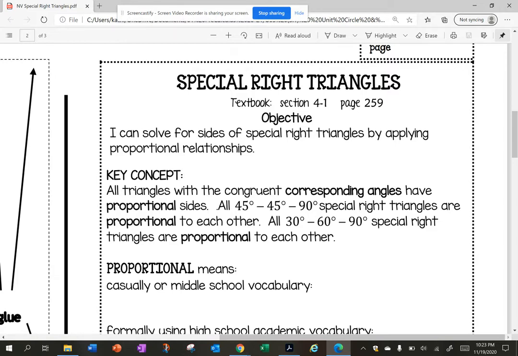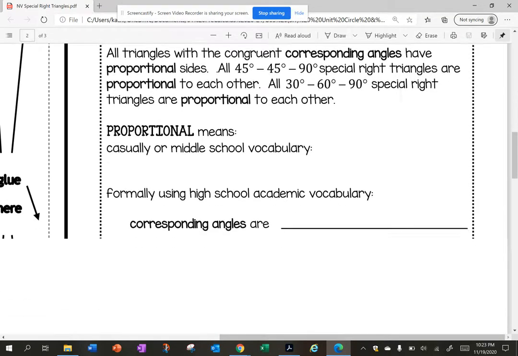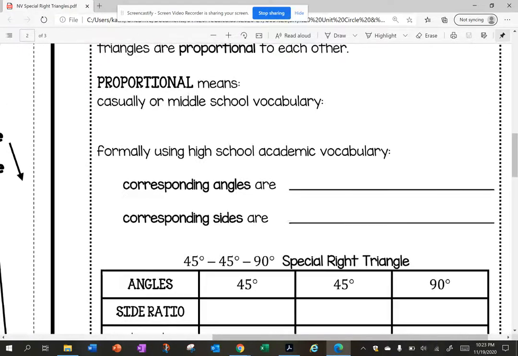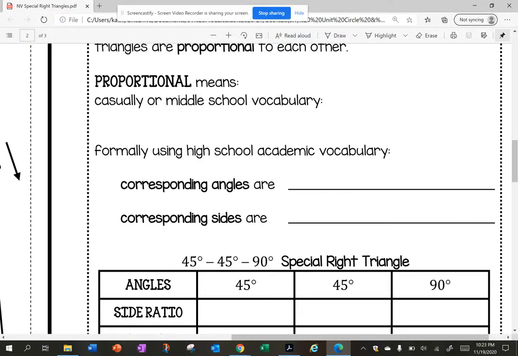So all 45, 45, 90 special right triangles are proportional to each other, and all 30, 60, 90 special right triangles are proportional to each other. So what does proportional mean? Casually in middle school, we said that it is the same shape and a different size.